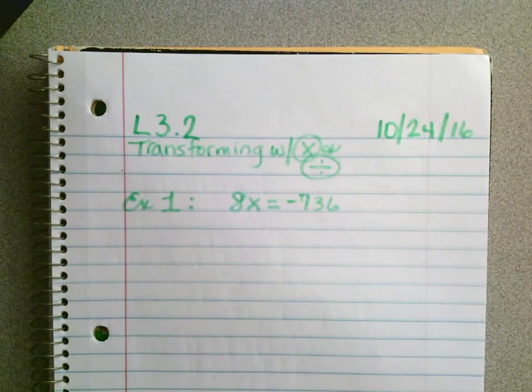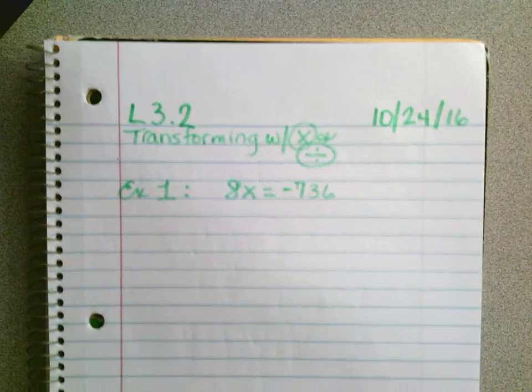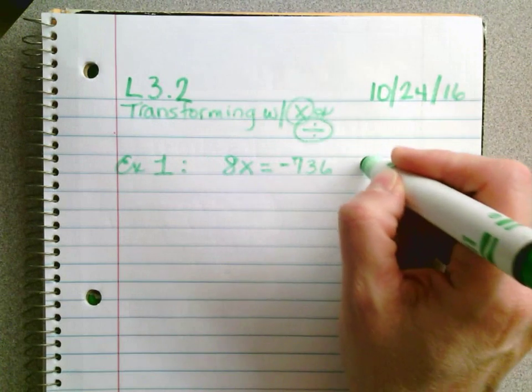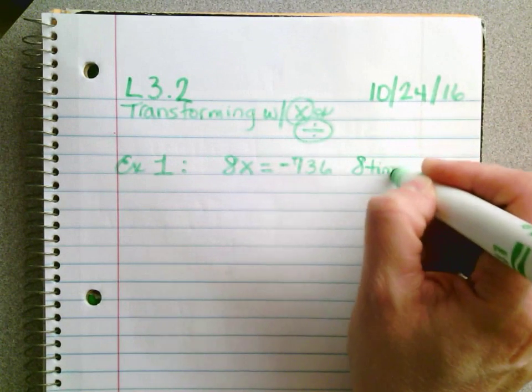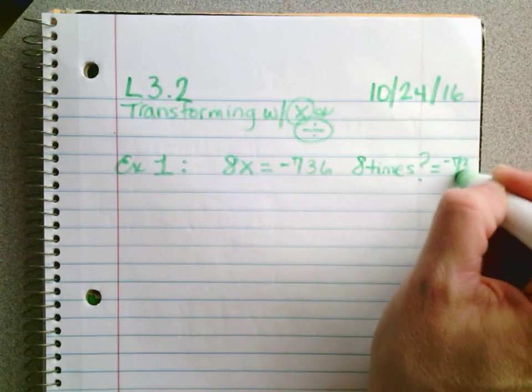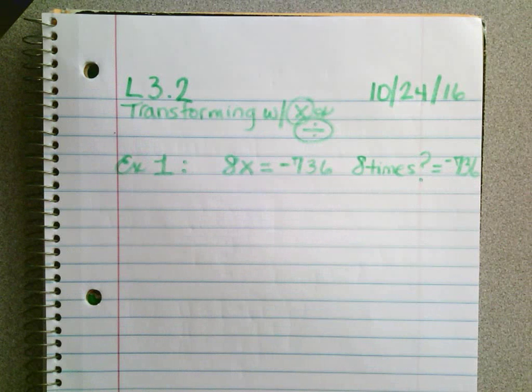If you have 8x equaling negative 736, you are looking for 8 times what is negative 736? In effect, x is the other factor that's getting multiplied by 8.